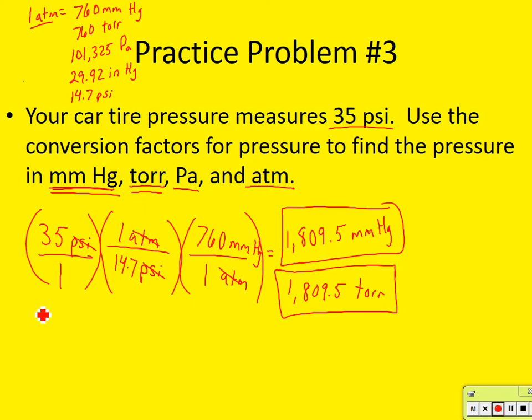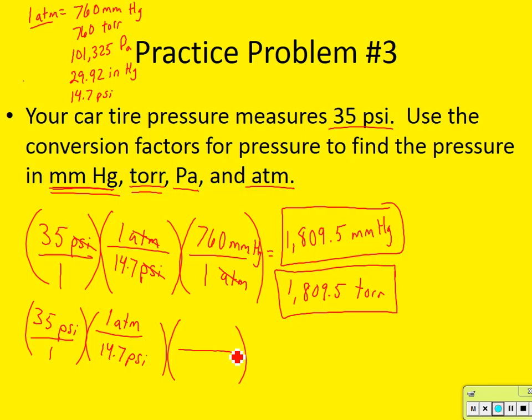Again, we're going to start with 35 psi, put it over 1. Now what would you do, guys? Help me out. Go to atmospheres first, then use the last conversion. So psi's got to go on bottom. We know that there's 14.7 psi for 1 atmosphere. And we also know that 1 atmosphere is equal to 101,325 pascals.